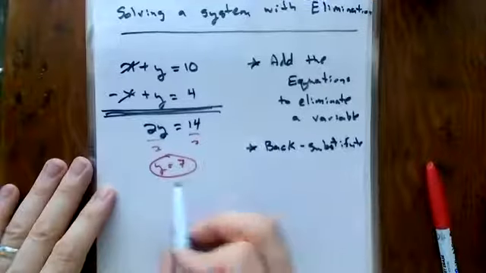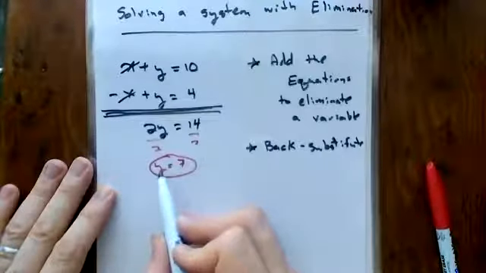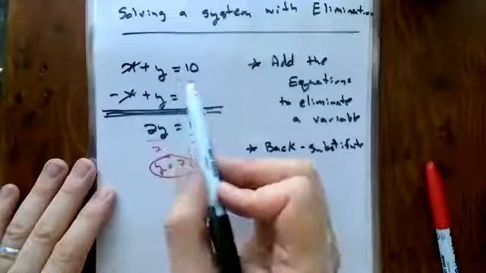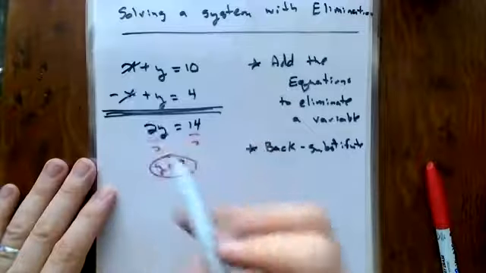We're basically going to take this y, or our 7 for y, and plug this solution back into one of our original equations.